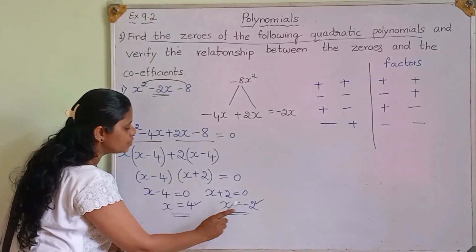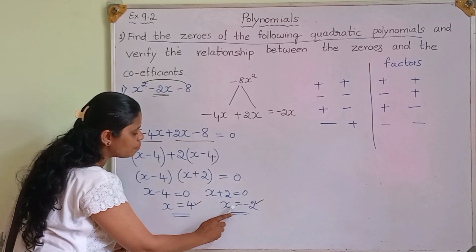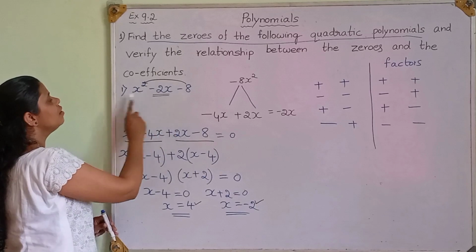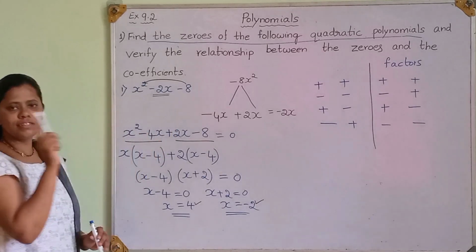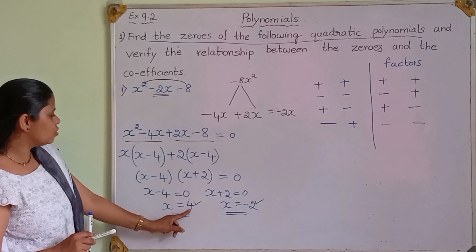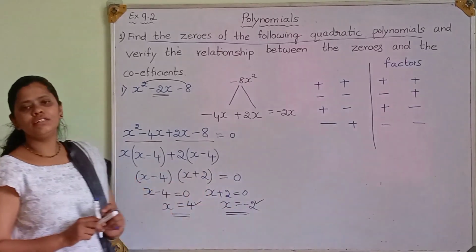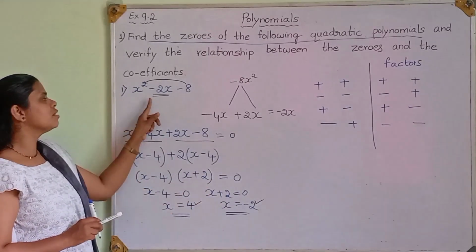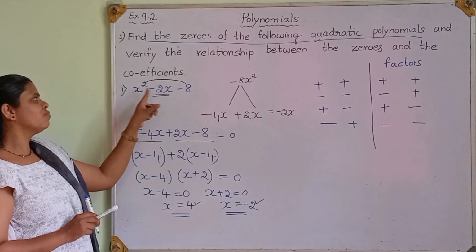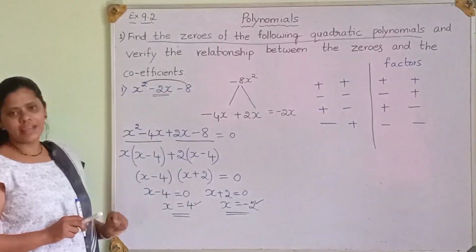Otherwise, when we substitute minus 2 in the place of x, then we will get this equation as 0. So x is equal to 4 and x is equal to minus 2 are called the zeros of the polynomial for the quadratic equation x square minus 2x minus 8.